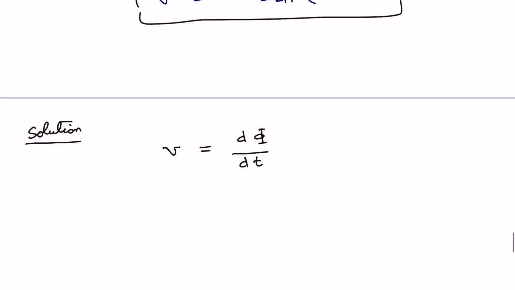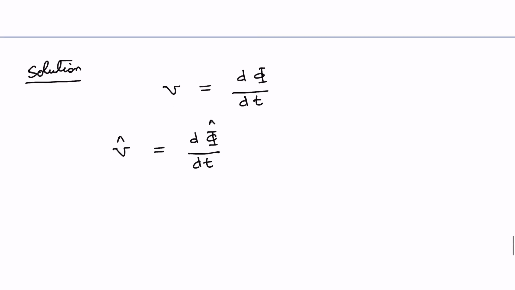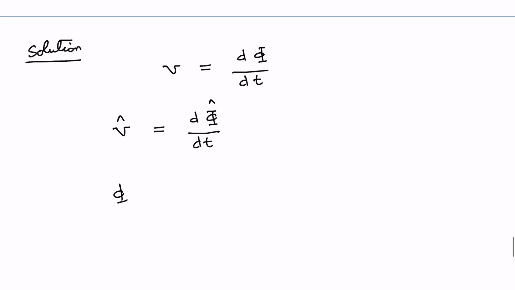Now in the quantum mechanical domain, this voltage is going to be an operator. Similar is the case with the flux operator, so d phi cap dt. And we have this magnetic flux operator, we have written it in terms of the zero-point fluctuation of the magnetic flux times A of t plus A dagger of t.